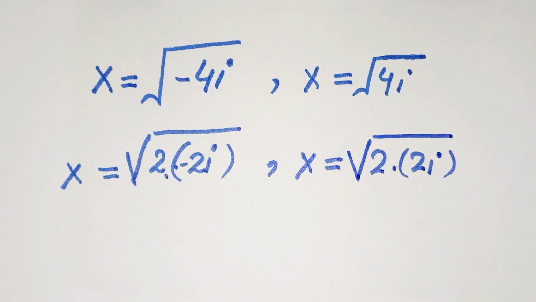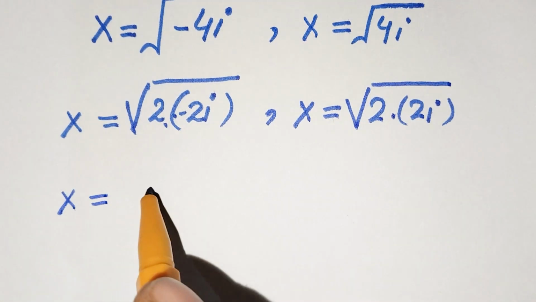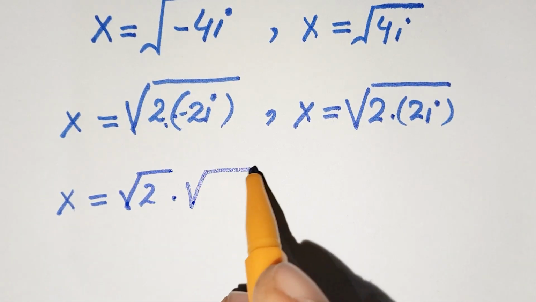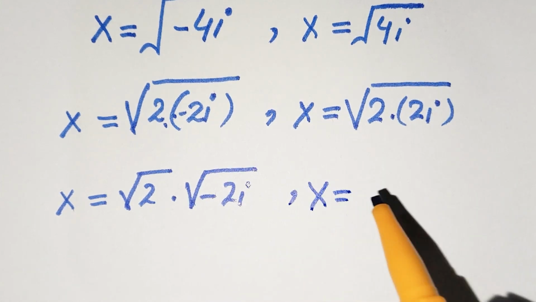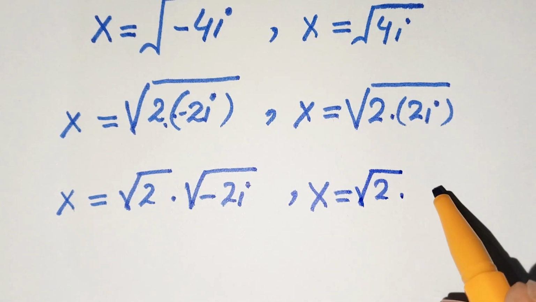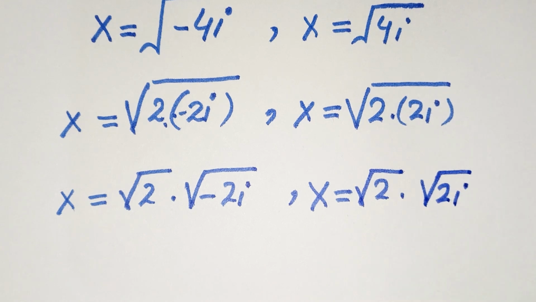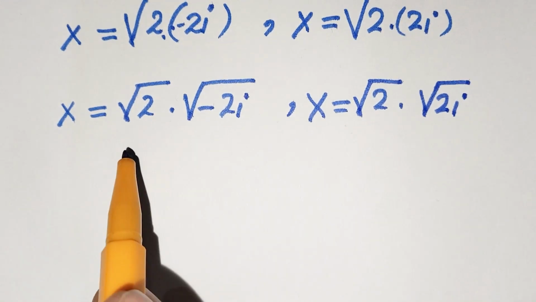So here we can separate this into the square root of 2 times the square root of minus 2i, and similarly here x is equal to the square root of 2 times the square root of 2i. Now we are just solving this one first.